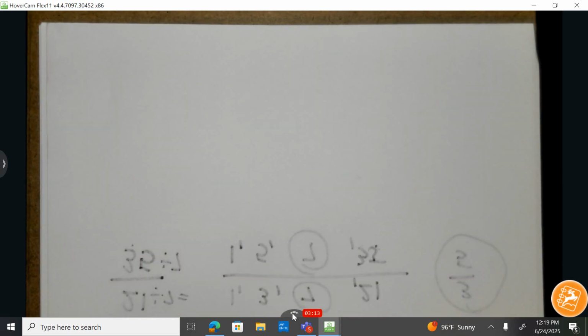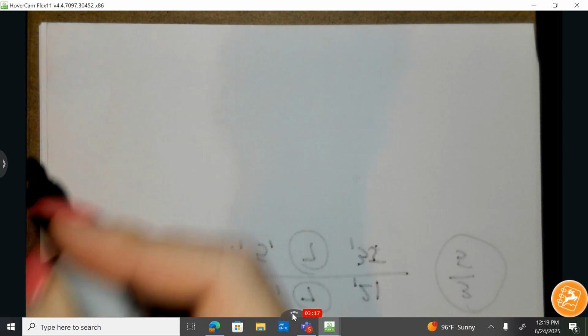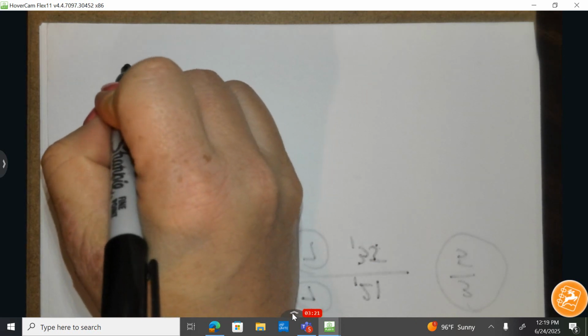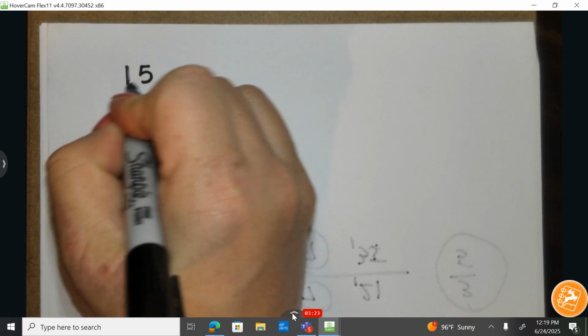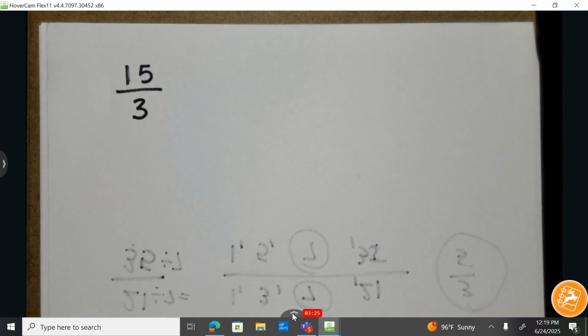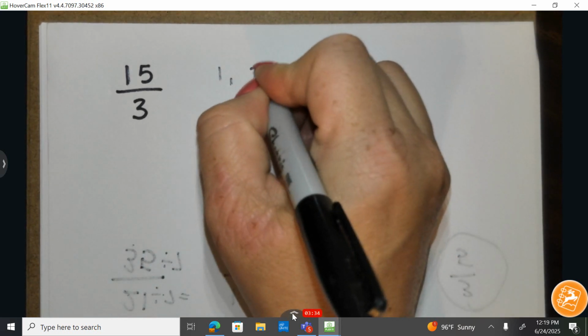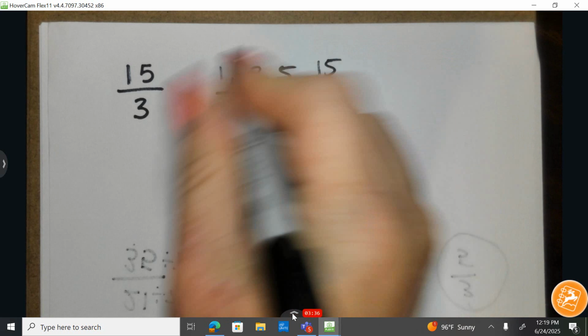I'm now going to go over a common mistake I see even high schoolers make. Let me show you two very simple examples. 15/3. Again, I'm going to write down the factors. It's possible you don't have to do that. 1 times 15 is 15. 3 times 5 is 15.